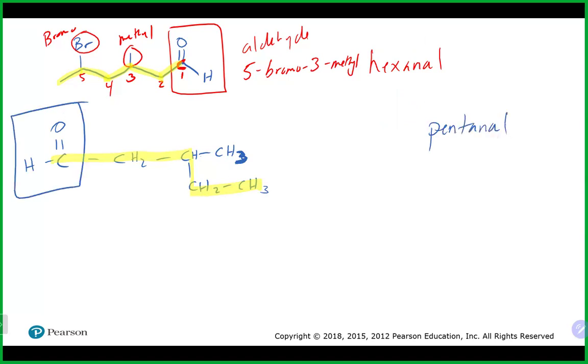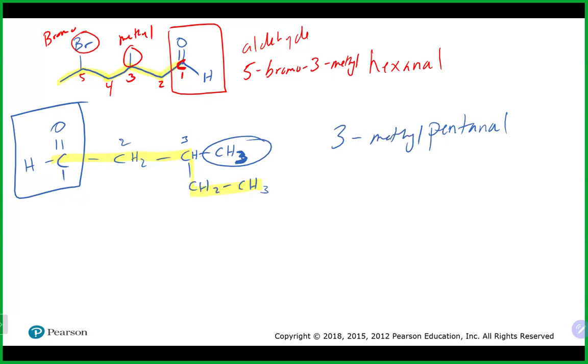Again, there is our functional group, which means that is actually carbon number 1, which means my methyl group is actually carbon number 3 in this case. And that's going to give us a 3-methyl pentanal. Any questions on that? So this one is not 2 or 3-ethyl butanal or whatever you might call it.